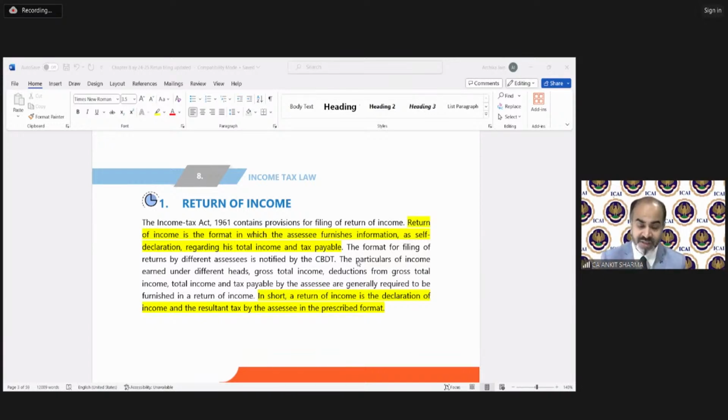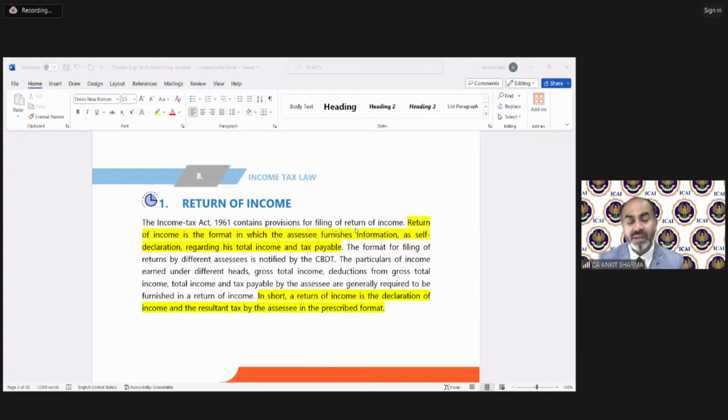The process of submitting information in a prescribed format to the income tax department, that is called return of income. The Income Tax Act 1961 contains provisions for filing of return of income. Again, what is the meaning of filing of return of income?